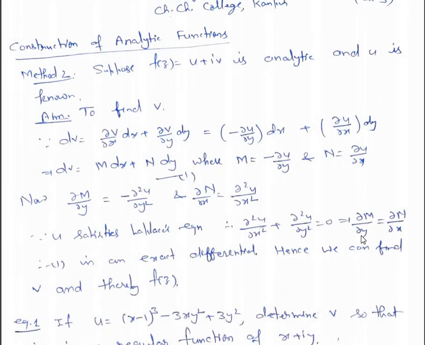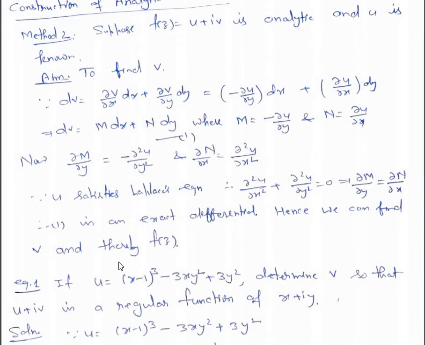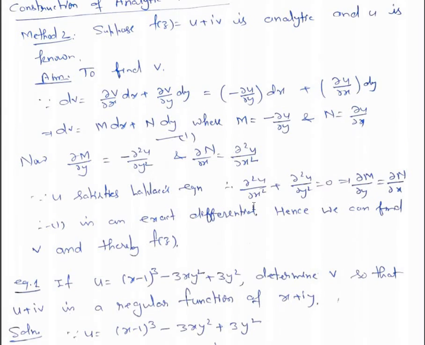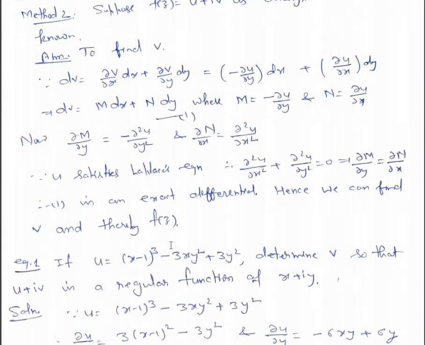So therefore ∂m/∂y = ∂n/∂x. So that means this equation number 1 is an exact differential. We have studied in BSc part 1. Hence we can find out v and thereby f(z). So this is the method for finding out v, and thereby we find out f(z).